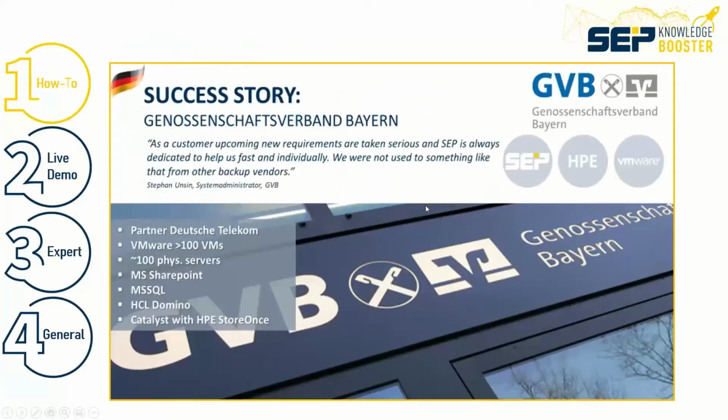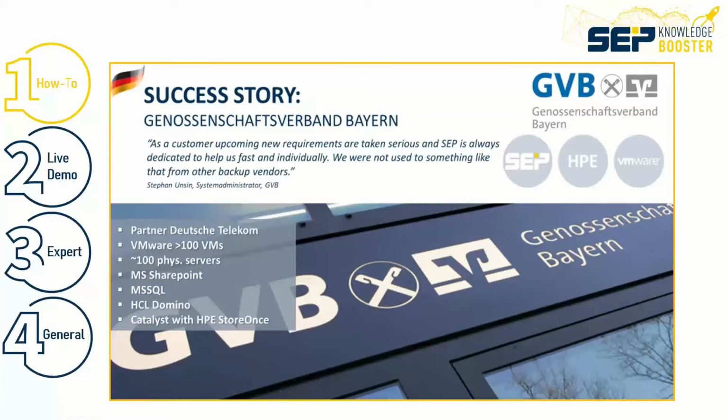Here is one customer success story, the Genossenschaftsverband of Bayern, which is a kind of financial IT provider in Germany for a set of banks. In this project, we have several agents for several databases on the front side data. We have Domino as a mailing software, and VMware as a hypervisor.